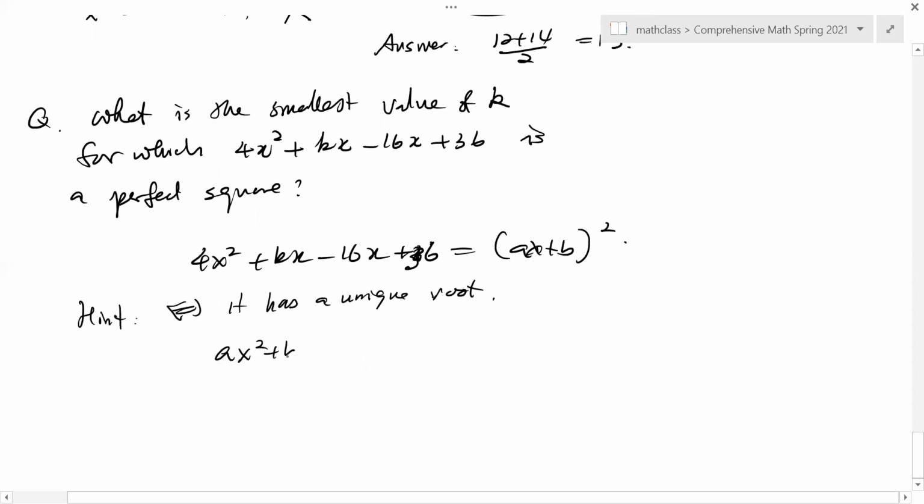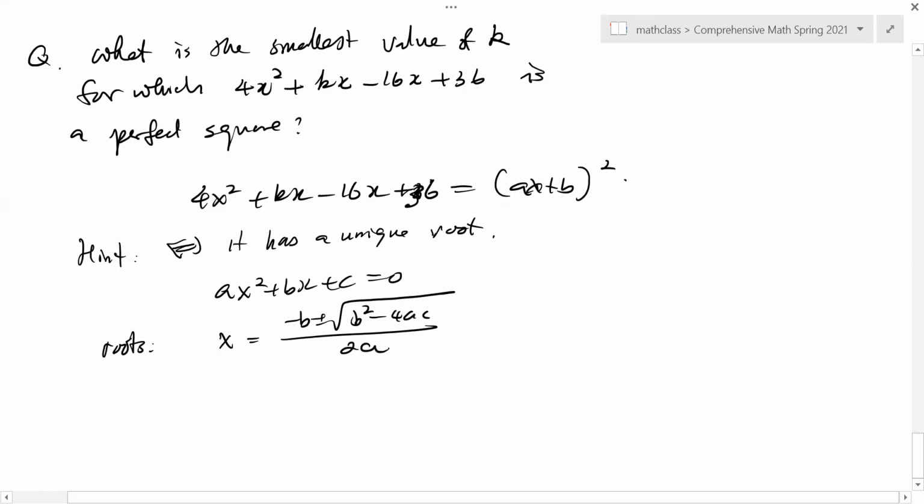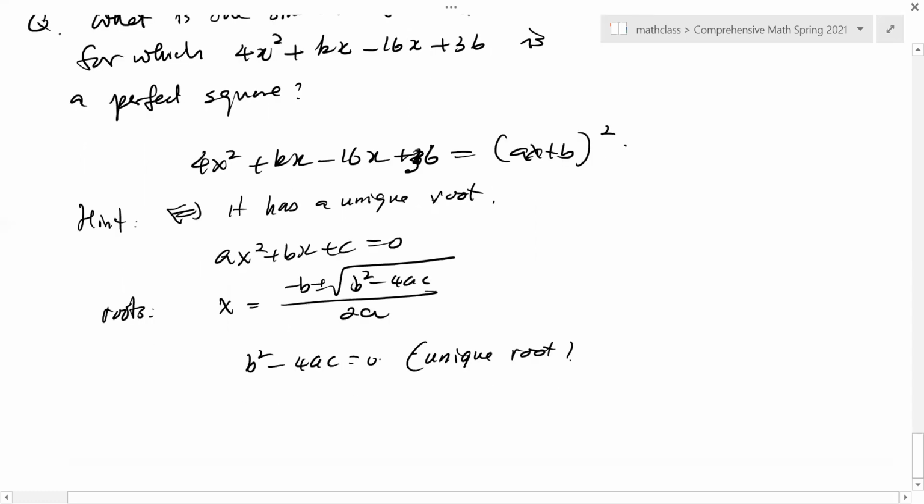If ax squared plus bx plus c, the roots are negative b plus or minus the square root of b squared minus 4ac, over 2a, right? So when it has a unique root, that means b squared minus 4ac equals 0, okay? This implies a unique root, which is negative b over 2a.